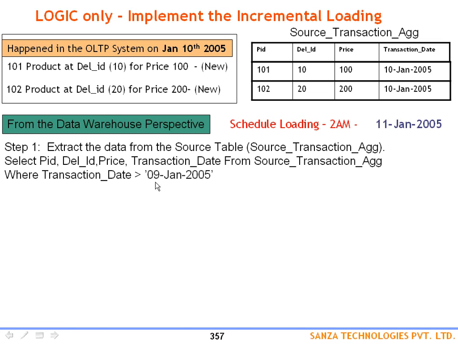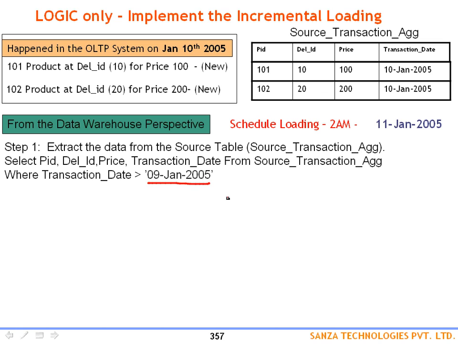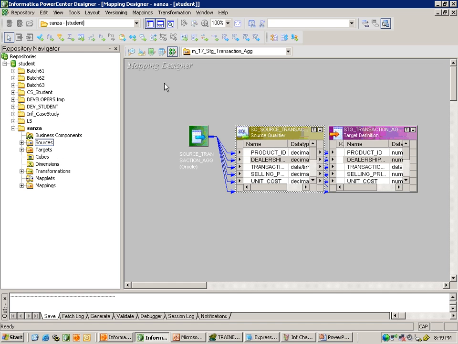And what I am doing here, I am replacing in my select statement in the source qualifier, rather than 09 January 2005, I will use my mapping variable, which has a value of January 9th, 2005. Use the mapping variable in my source qualifier.